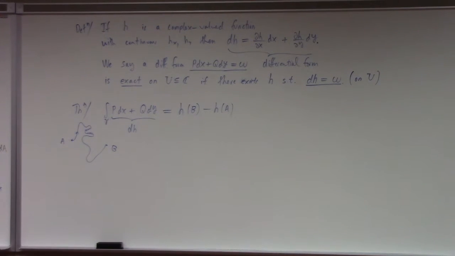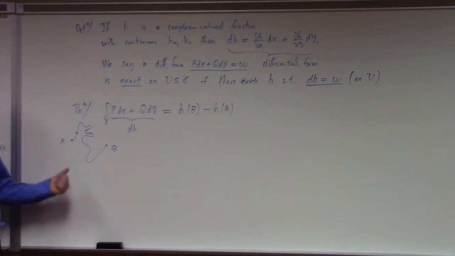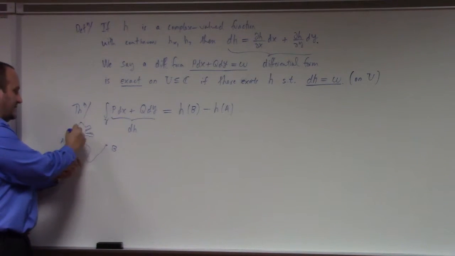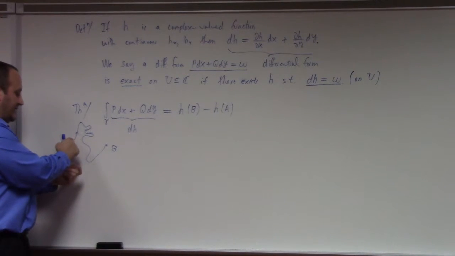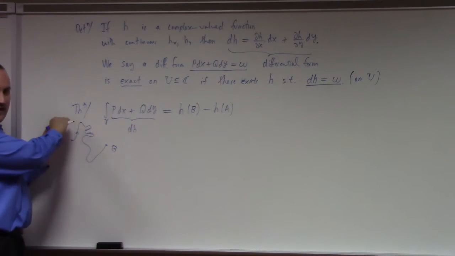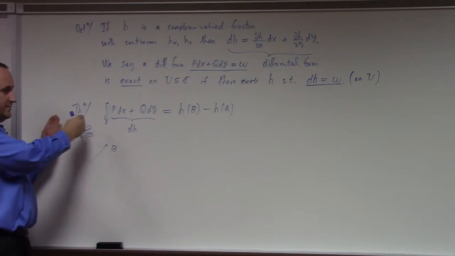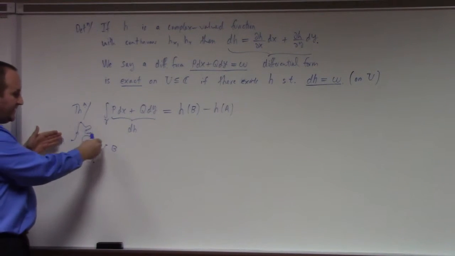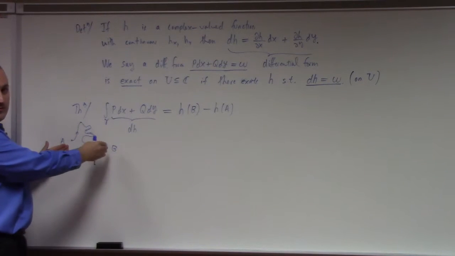My point is, it can have lots of whatever. But I don't want to do the proof for that. If you can prove this for a single little curve that has just one parameter domain, then you just add them together. At the joining points, the ending and starting terms cancel until you're just left with the initial point and terminal point.